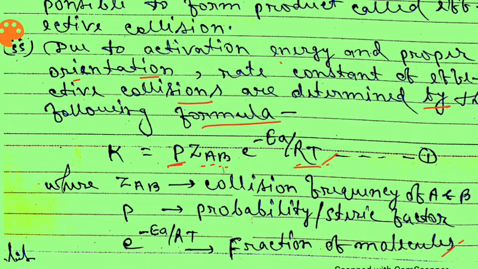Without collision, a chemical reaction does not occur. So the question may be asked, why does a chemical reaction take place? The chemical reaction takes place due to collision. And if collision takes place among the reactant molecules, then old bonds break and new bonds form between the atoms or molecules to form the product.